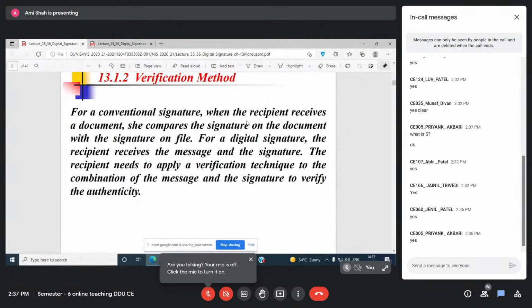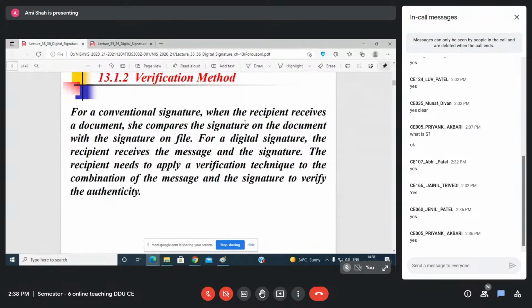But in the case of digital, what happens? In the conventional case, the recipient needs to have a copy of the signature on file for comparison. But in the case of the digital signature, the recipient receives the message and the signature, both things.